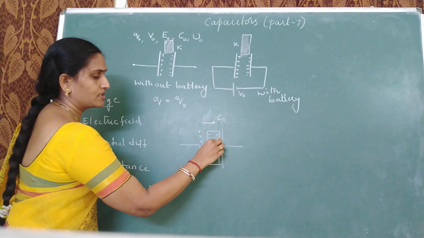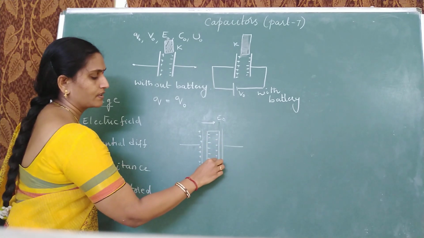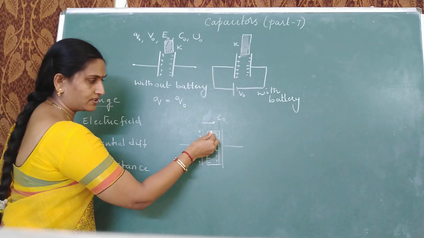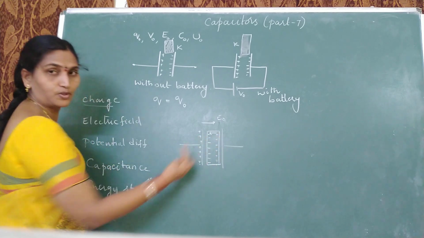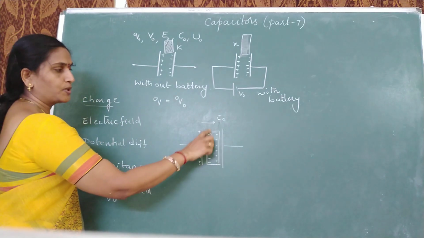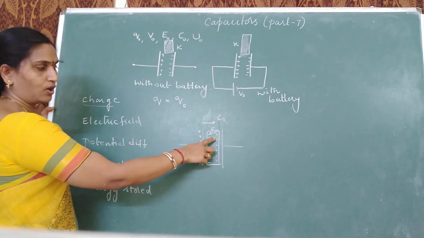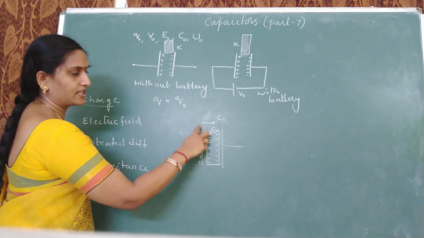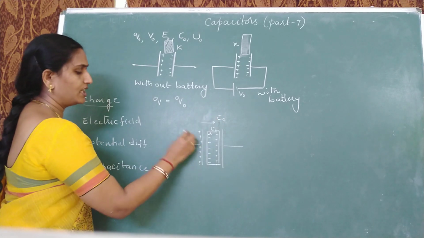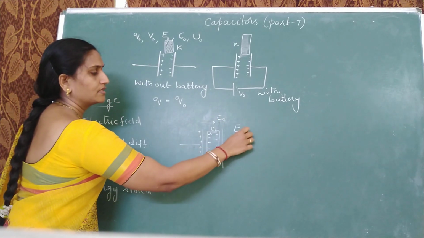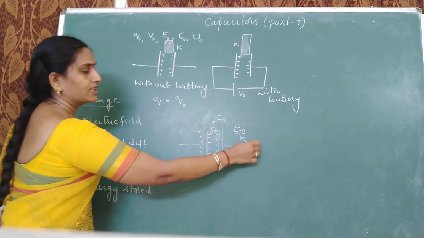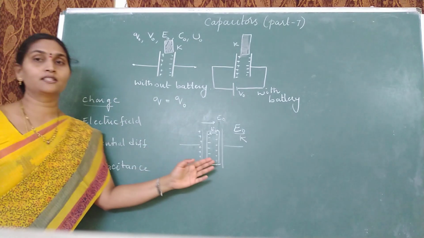So it is going to induce an electric field from positive to negative, which is opposite to your applied field. This is the induced field. Because this induced field is reducing the existing field, the net field would become equal to E naught divided by K.